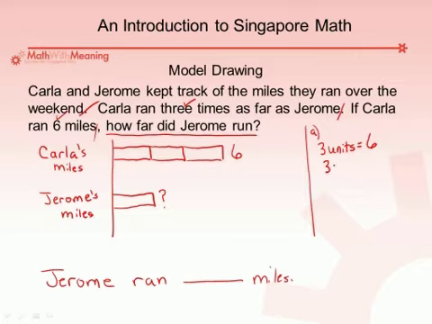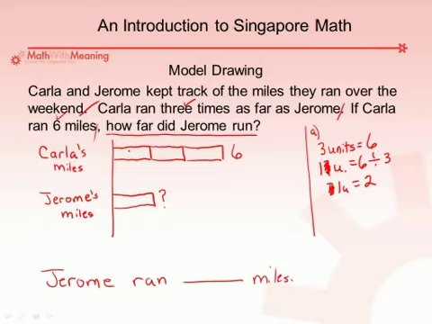Then what they learn is to use a U, and they would have learned with manipulatives to find how many are in each by dividing, in this case, 6 by 3. 1 unit equals 6 divided by 3, or 1 unit equals what? 2. Sorry, hope I didn't confuse you there.